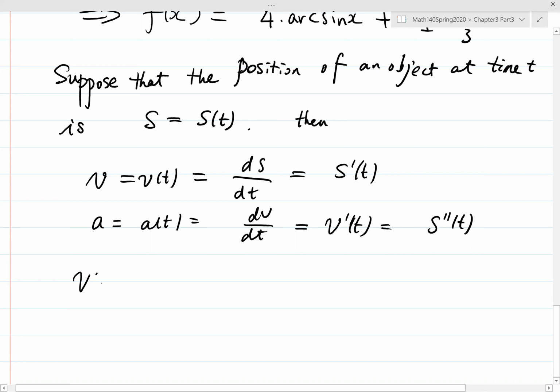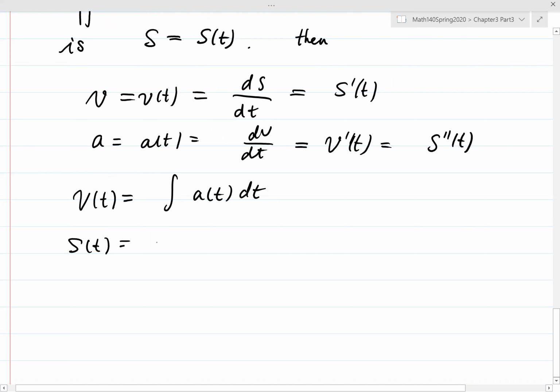We just integrate, find the antiderivative of acceleration. And then from v of t, we find s of t, which is the antiderivative of velocity.